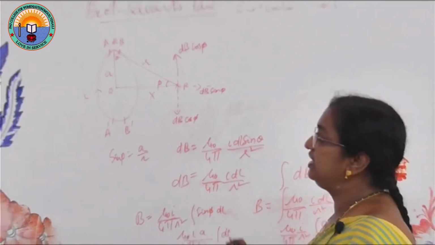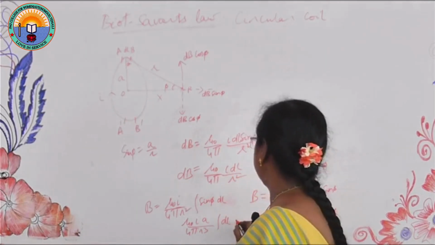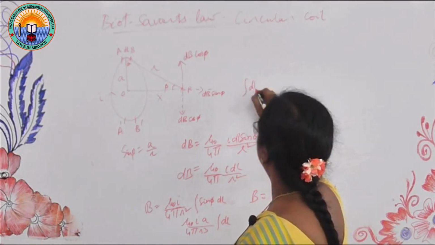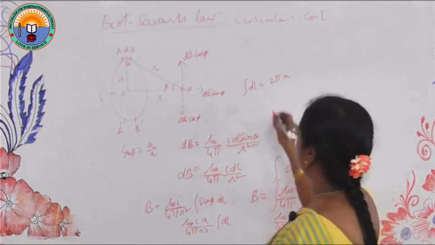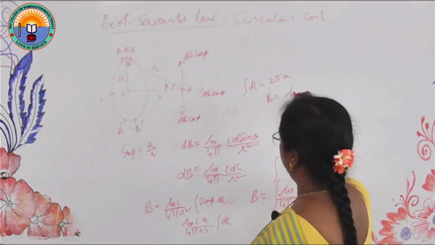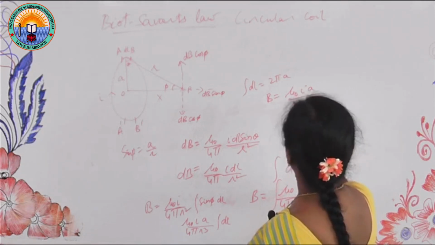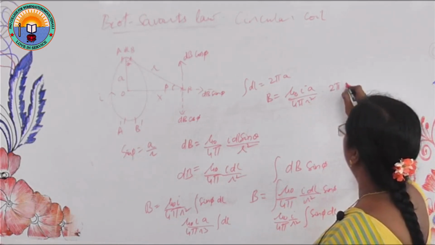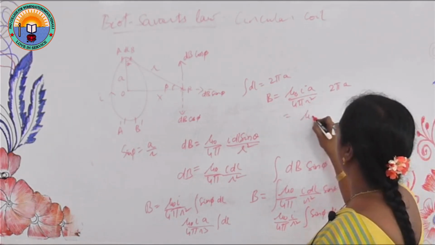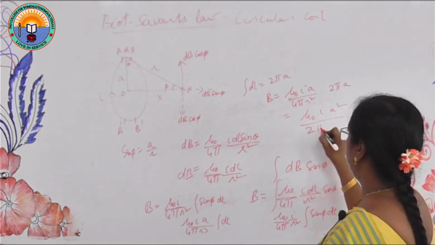Integral dl is nothing but the circumference of the coil, integral dl is equal to 2 pi a. So substituting that value, we get B is equal to mu naught I a by 4 pi r cube into 2 pi a, which is equal to mu naught I a square by 2 r cube.